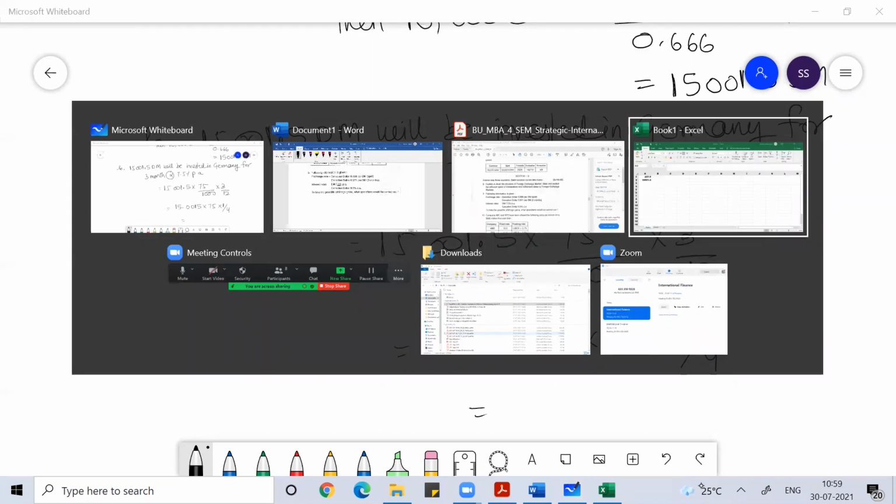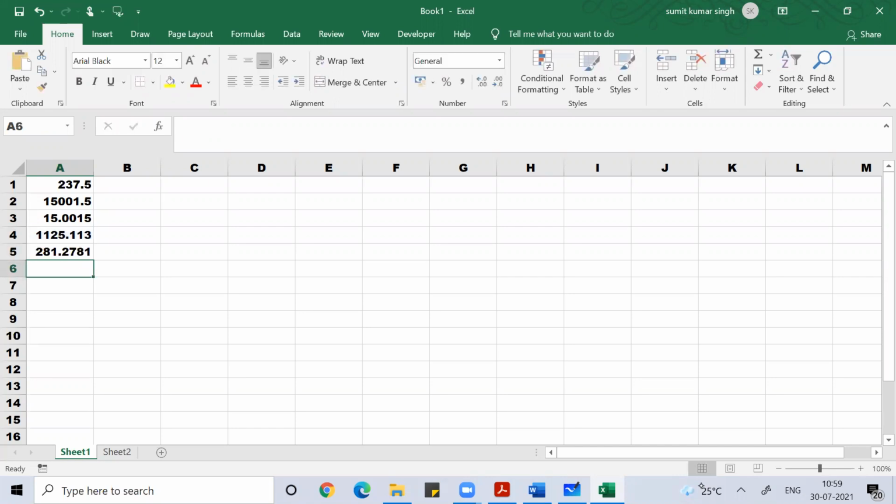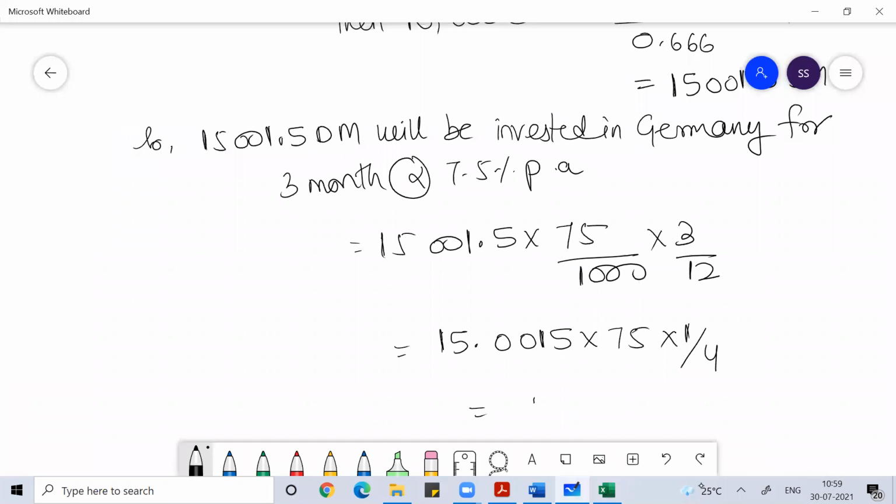15,001.5 divided by 100, this into 7.5, this divided by 4. That is 281.2781.